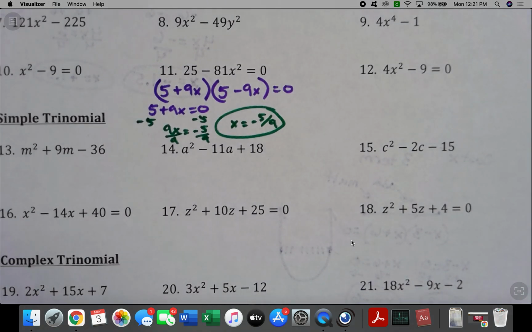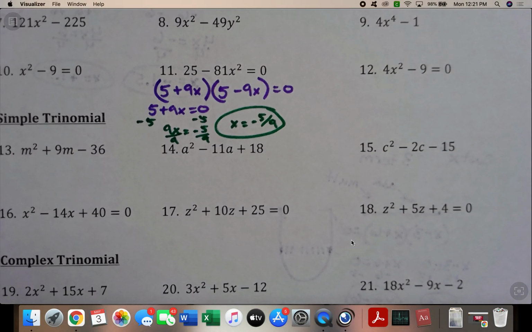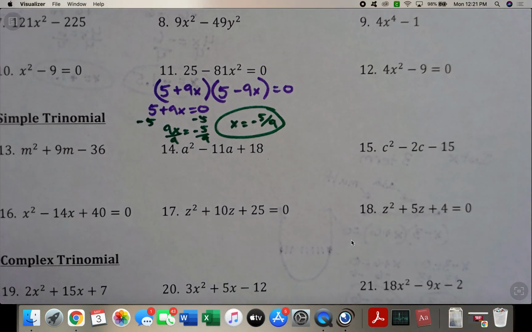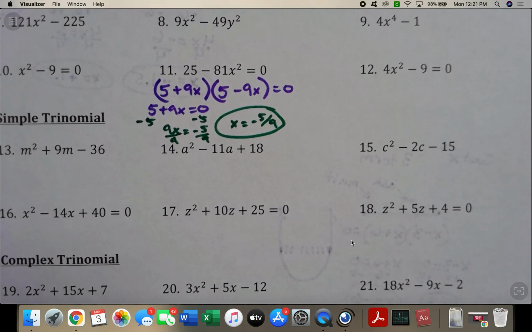Negative 36: 1 and 36, 2 and 18, 3 and 12, 4 and 9, 6 and 6. Any of those work? You're trying to add to get 9. Which one of those? 3 and 12. Negative 3 and positive 12, yep, that will work. Then you just switch them to get the actual. Right, exactly. But you don't have to do it on that one. That one you're just doing the factoring. You don't set them equal to 0.